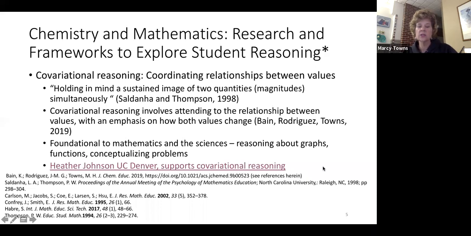Okay. So hopefully, I know not everybody loves math and chemistry together. So I hope by walking through that little activity, it gives you a sense of what covariational reasoning is all about. One of the things that's sometimes pretty tough is that we know a lot of chemistry, and it's hard to remember back to a time when we didn't know a lot of chemistry and the problems that students would have.